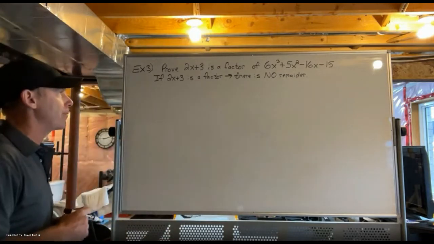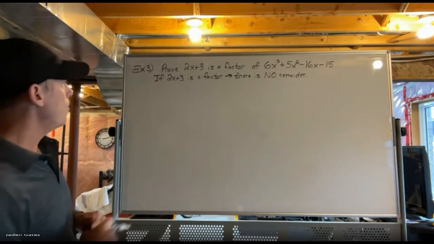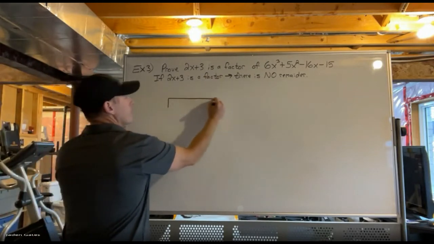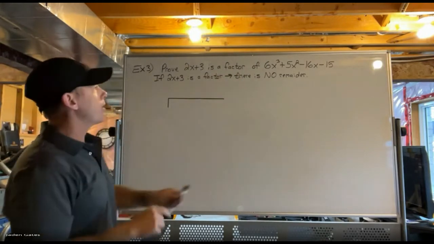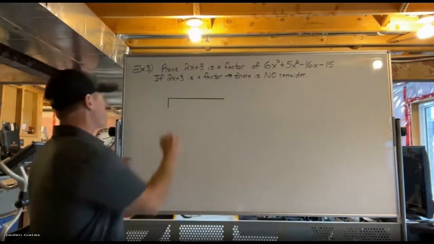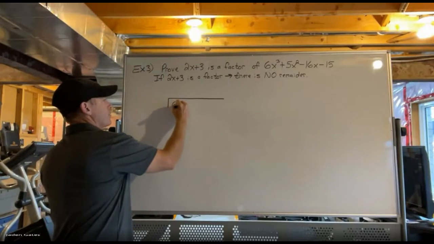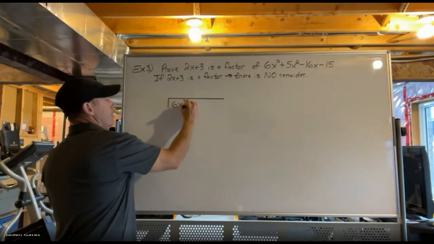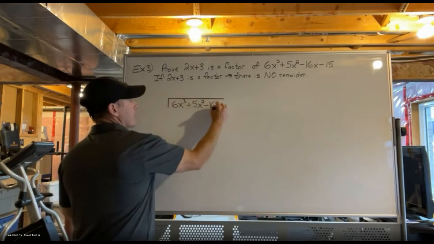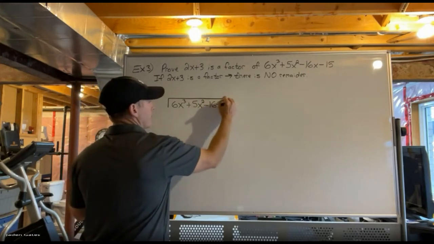That's essentially what's happening. So, again, I'm going to write my polynomial up there. And I'm lucky, it's already a third degree, second degree, first degree, and then a number. So it's already written in the right order. So 6x cubed plus 5x squared minus 16x minus 15.